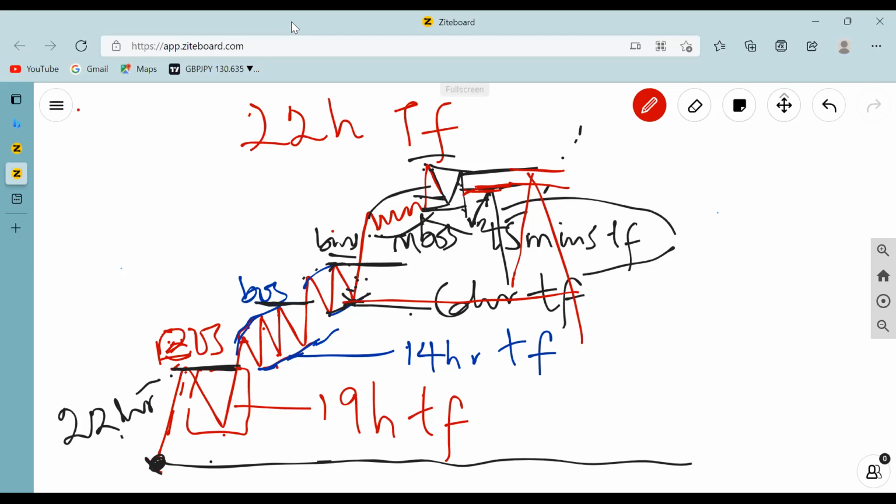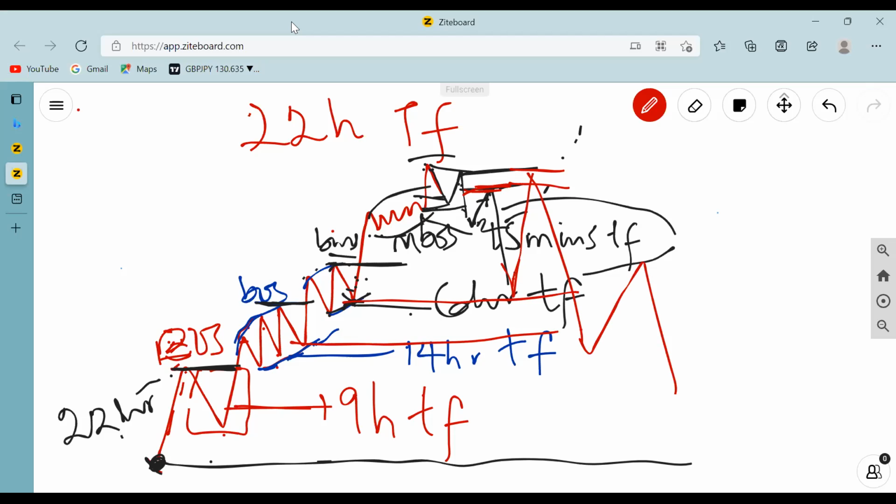So the moment we have a Caesar break of structure there, what is the next structure we are targeting if we are selling? We are now targeting the 14-hour structure. If the 14-hour structure goes broken, then we can start targeting the internal structure of our 22-hour, which is what? The 19-hour structure. Because price can get to that 19-hour structure, which is the internal structure of the 22-hour.